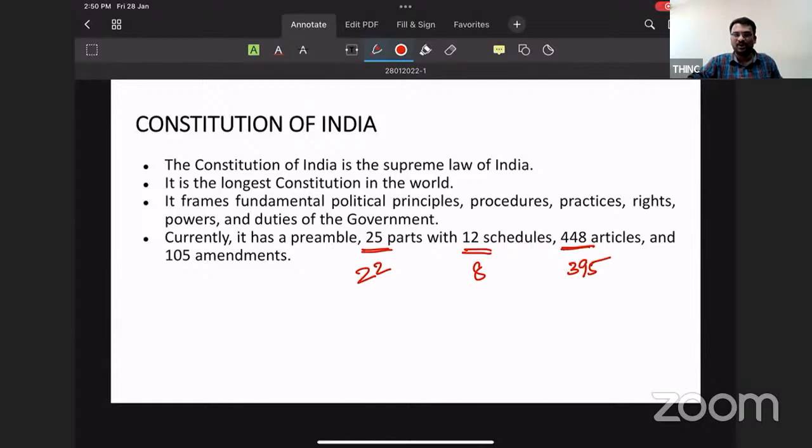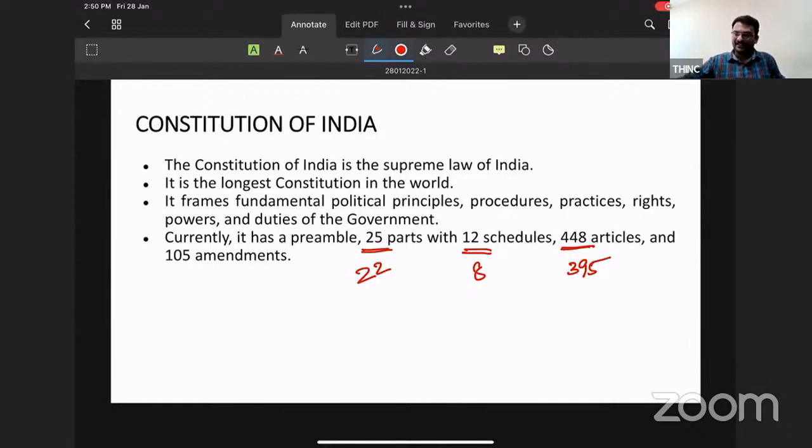He went through constitutions of different countries, and he finally formalized a constitution for India. Just to keep his name in mind, Dr. Bhimrao Ambedkar is the brain behind the constitution. He is the chairman of the drafting committee.